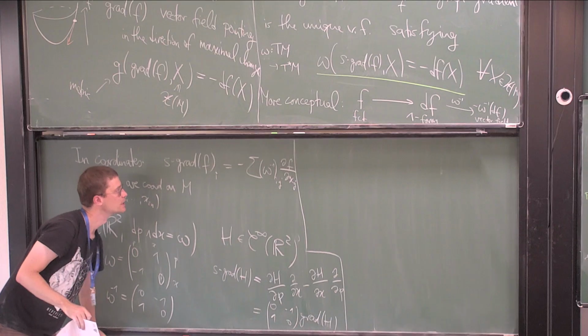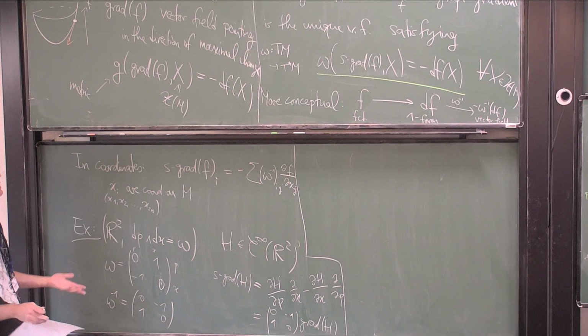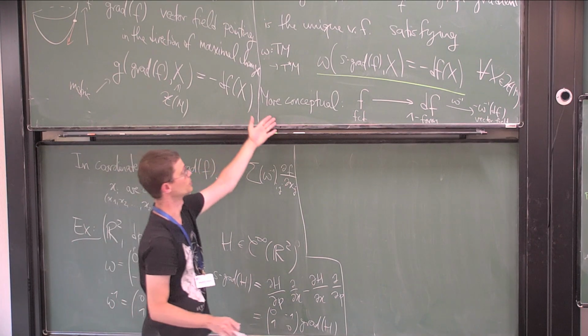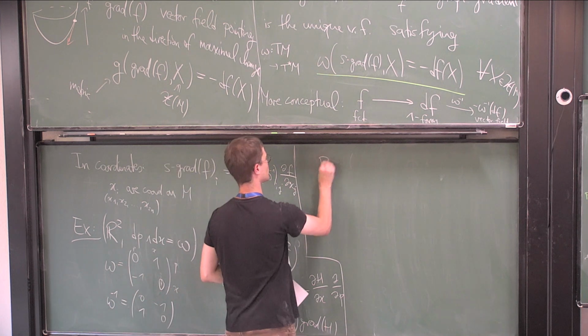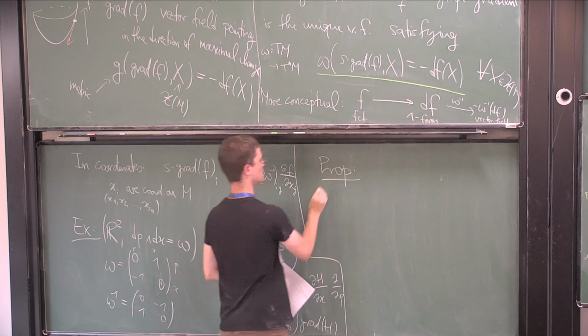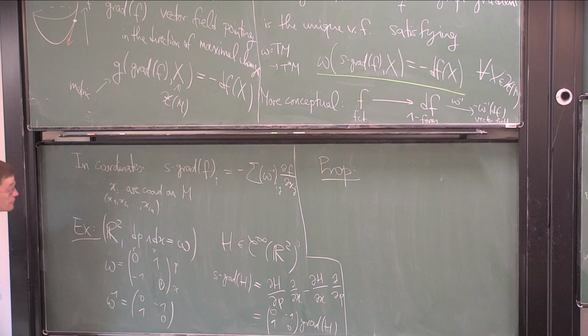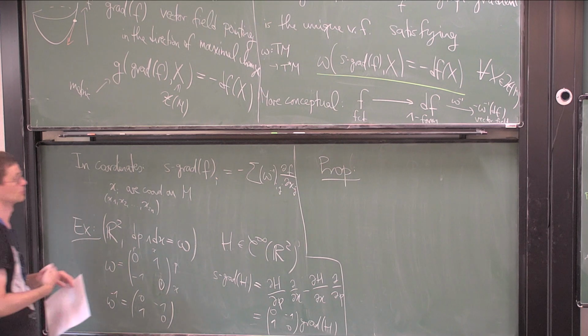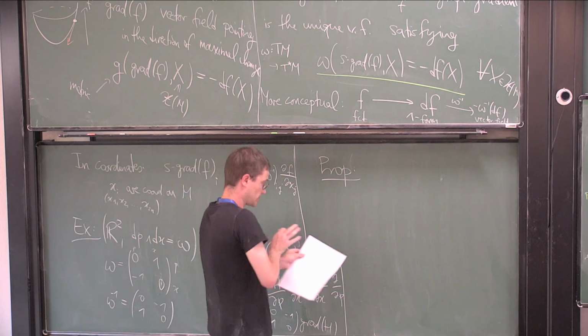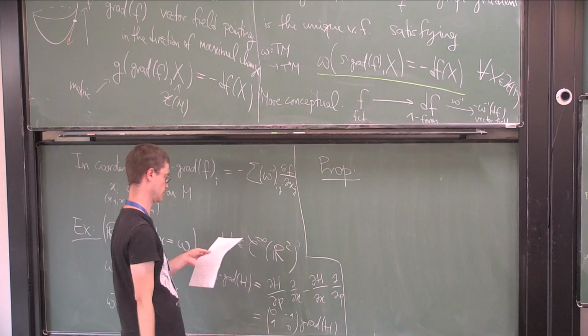Okay. So there is a way to compute symplectic gradients in coordinates. There's a conceptual viewpoint, but the important property is that whenever you have a function, you get a vector field, you can integrate it, so you get a flow, and this flow preserves the symplectic structure. What we produce will not take us away from our setup.